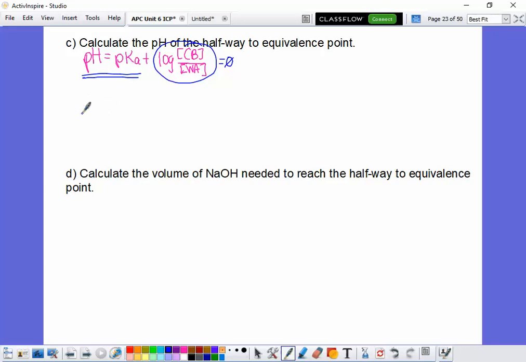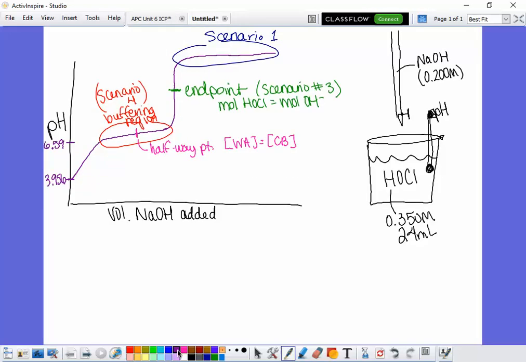So for this problem, the pH at the halfway to equivalence point would be what? Okay, we've already calculated it, so it's 7.46. Okay, so back on our graph, I'll come back to that slide if you're not done with it yet.